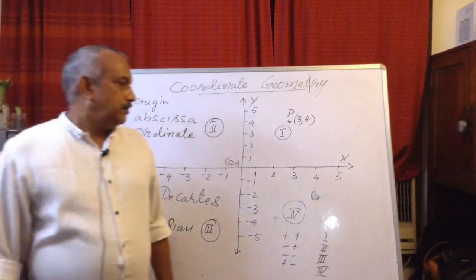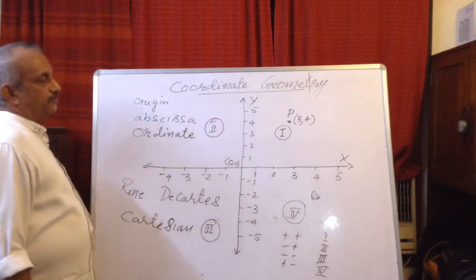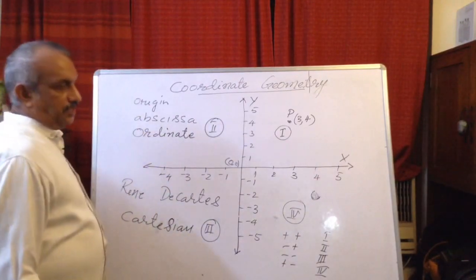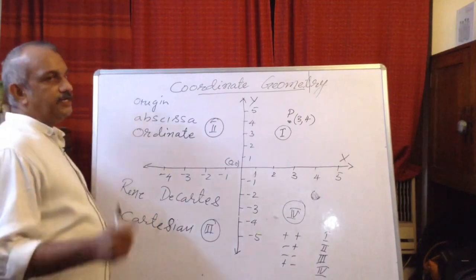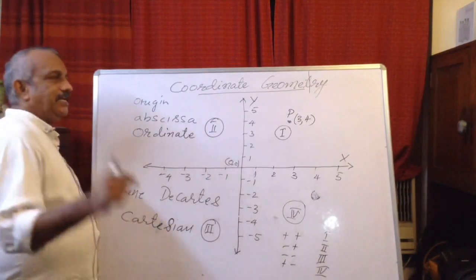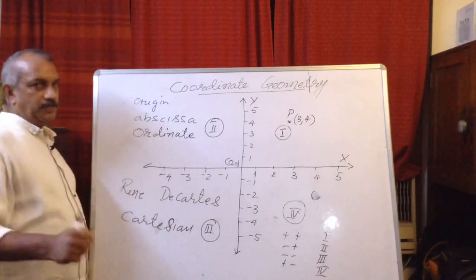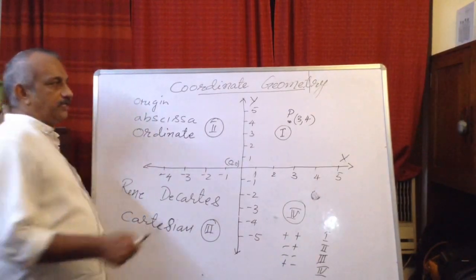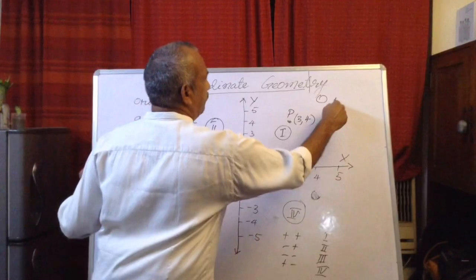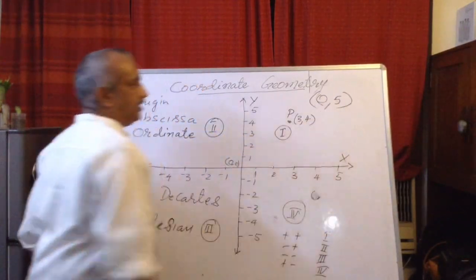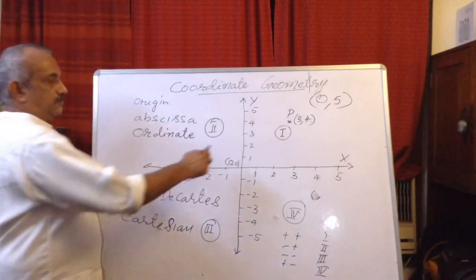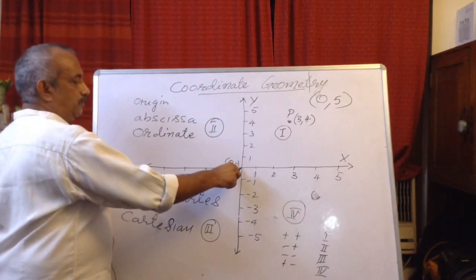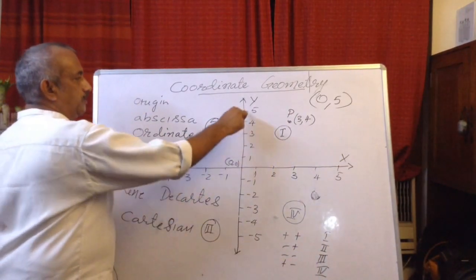Then, if the x coordinate is 0, the point lies on the y axis. Very important. For example, take 0, 5. Find the point 0, 5. Here, the x coordinate is 0. First we go to the first number, 0, and then to the second one, here only.